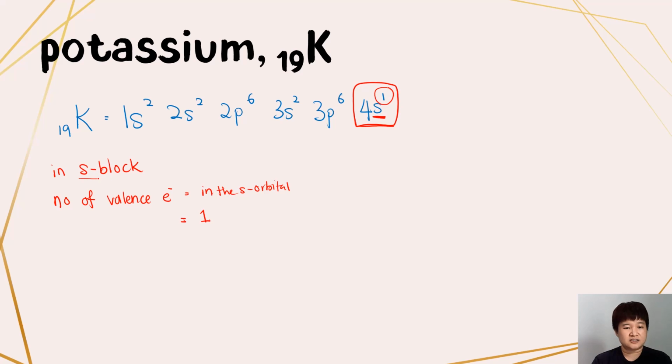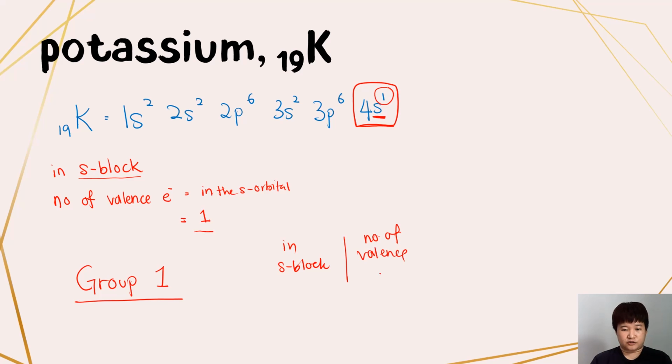Since it's an s block and the number of valence electrons is 1, potassium will be in group 1. Why group 1? Because in the s block, the number of valence electrons equals the group number. Bear that in mind.